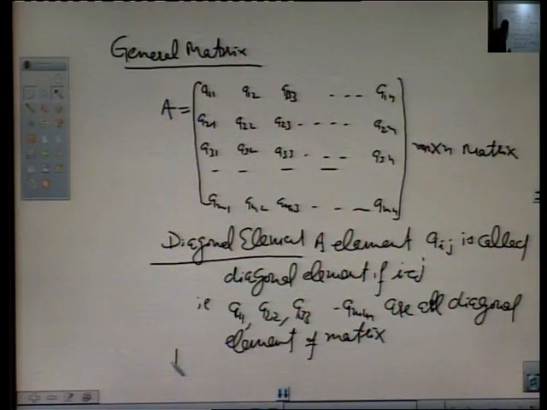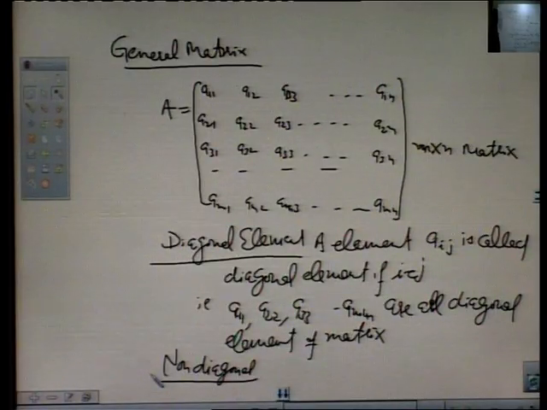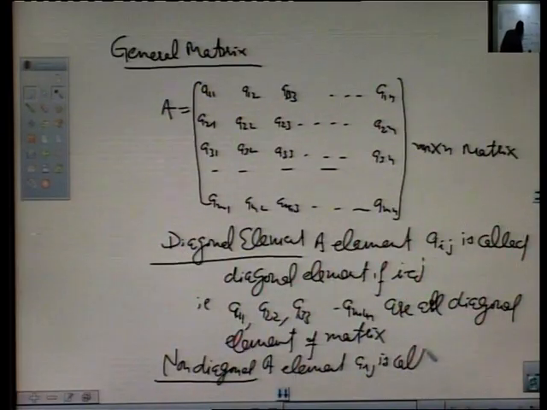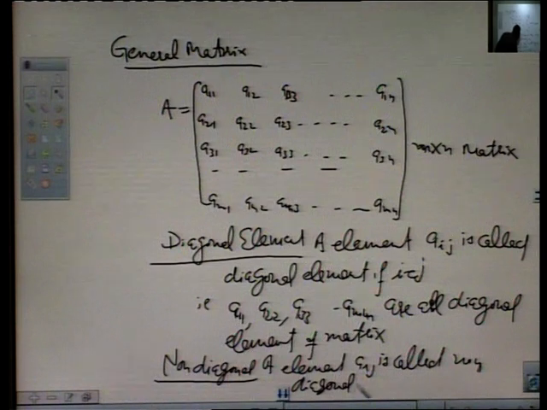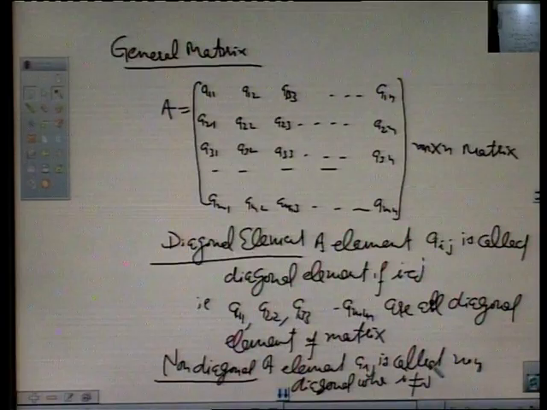Again, non-diagonal element. The element Aij is called non-diagonal when i not equal to j.